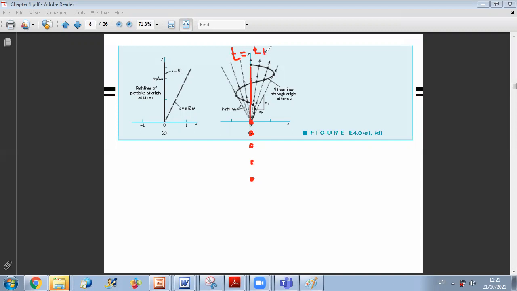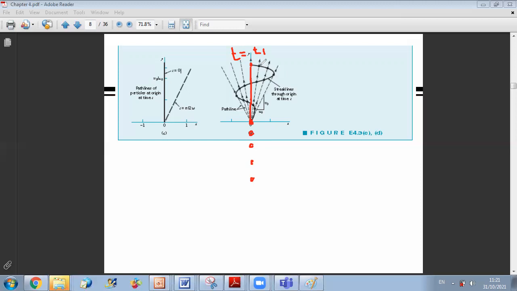I'm interested to take a photo at t1. If I follow this particle, if I replace t by t1 in the path line of the first particle, I'll get this position. The second particle, let's say ejected at t equal to 1 second, for example, will be on another path line.